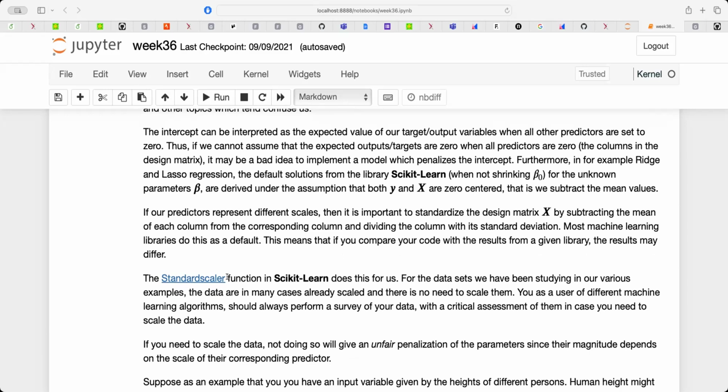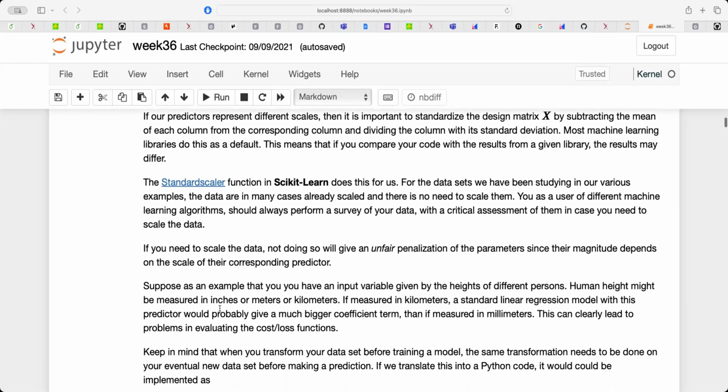In some cases, you may have experimental data where you also have a prediction of the standard deviation and the variance. Then you would typically scale that by subtracting the mean value of a given column, given feature, and divide by the variance. Some of these functions do this automatically, and there's something which is called the standard scaler in scikit-learn.